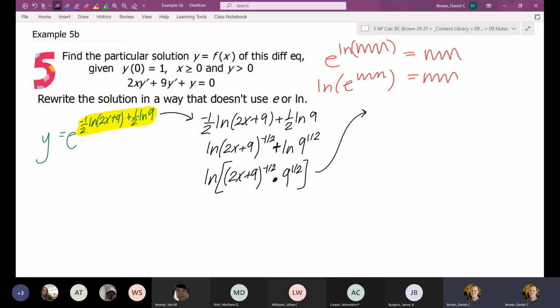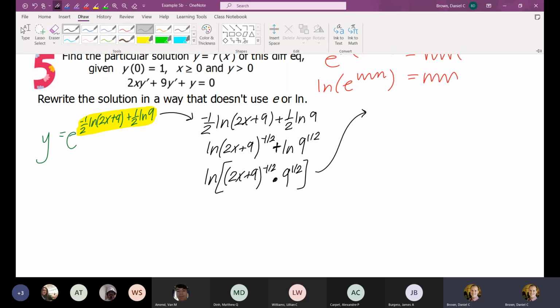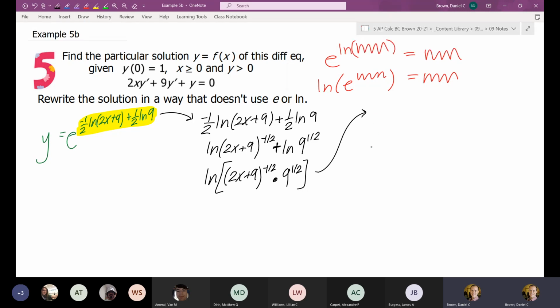So I'm going to go back into the problem and rewrite it. My function y is equal to e to what? What is that simplified exponent? The natural log of 2x plus 9 to the -1/2 times, I'm going to simplify this, 9 to the 1/2 is 3. Now we do see e raised to the natural log. What's going to happen to the e and the natural log?